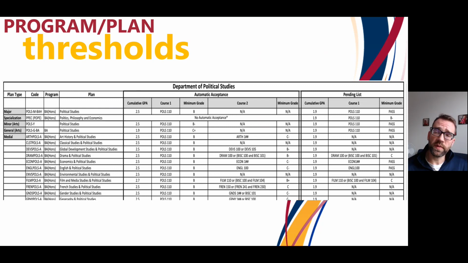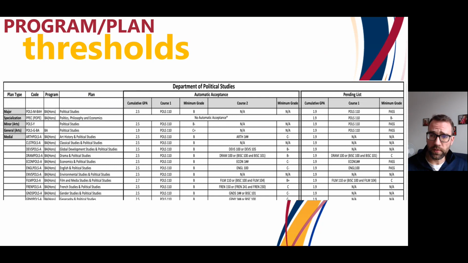The week following plan selection, so this is the first full week of June this year, in 2023, departments will be looking through those pending lists, so students who ended up on the pending list, and making decisions individually whether to accept or deny. We'll go into a little bit more of the details of that in a couple slides.